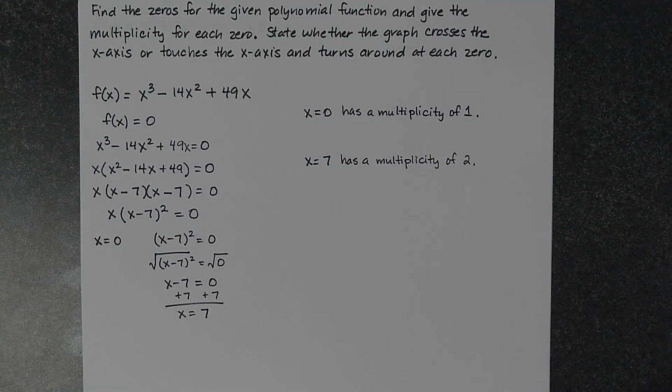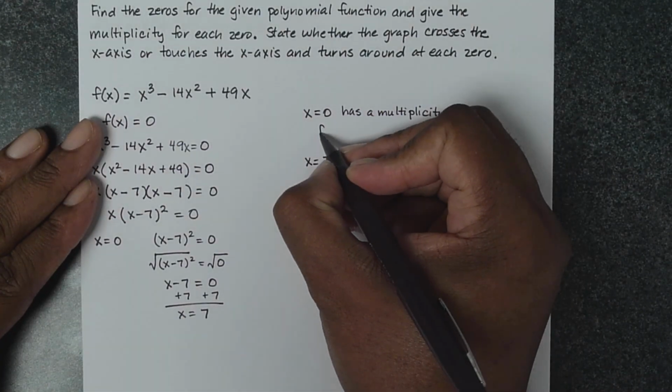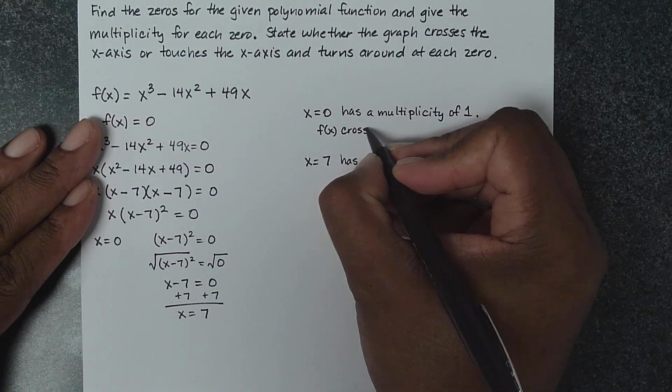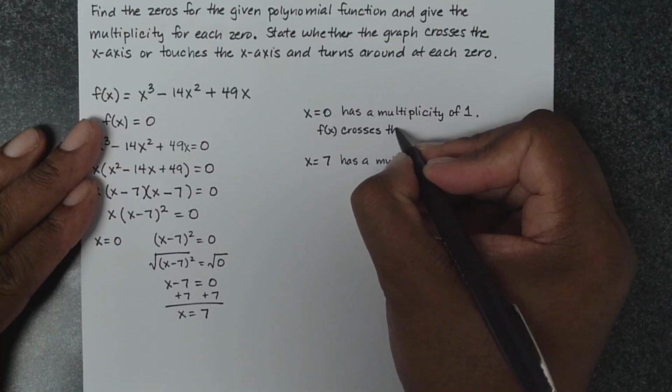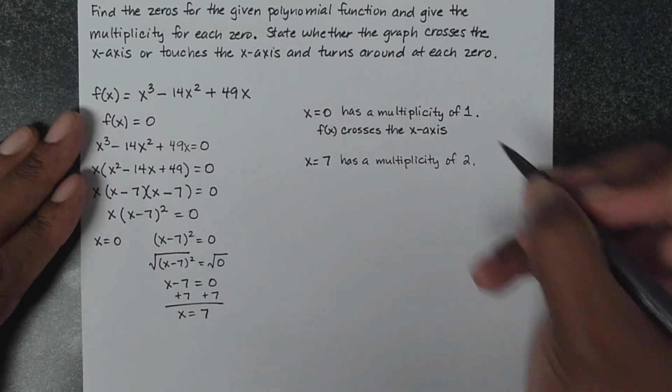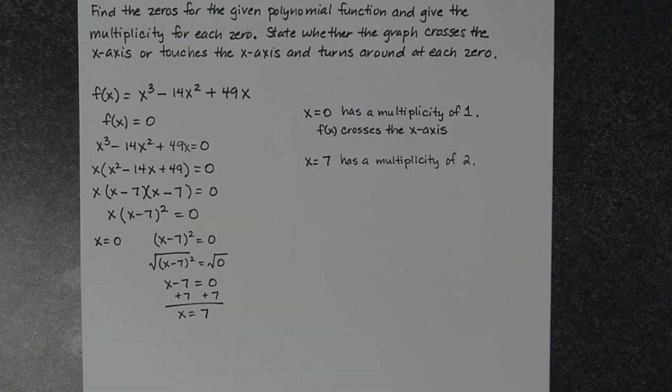When that happens, the graph of this function f of x crosses the x-axis. So at x equals 0, the graph of the function crosses the x-axis.